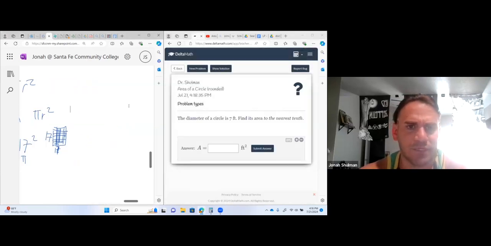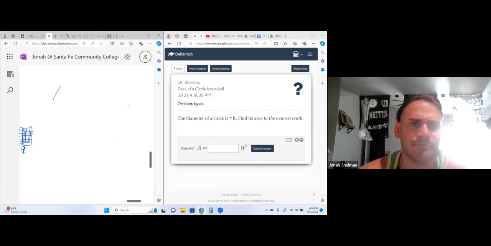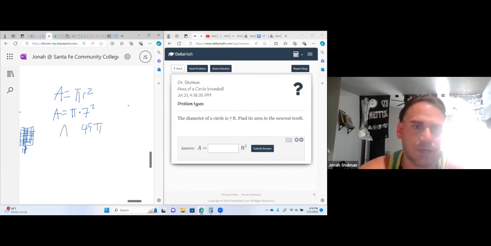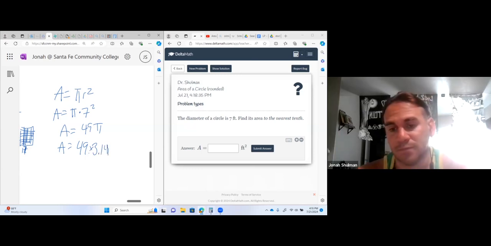Now we're doing the same thing. We went to the nearest tenth, so area equals pi times 7 squared. So that's 49 pi. So all we have to do is take 49 and times it by 3.14, and you will get the right answer.